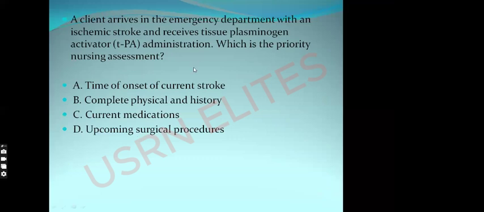All right, so the next one. A client arrives in the emergency department with an ischemic stroke and receives tPA, that's tissue plasminogen activator administration. Which is the priority nursing assessment? A, time of onset of the stroke. Which is the priority?